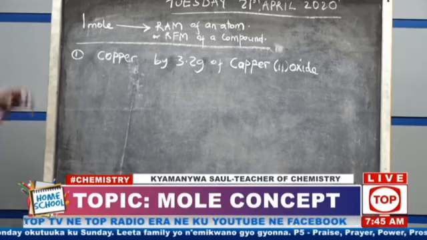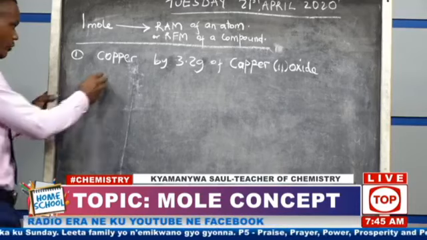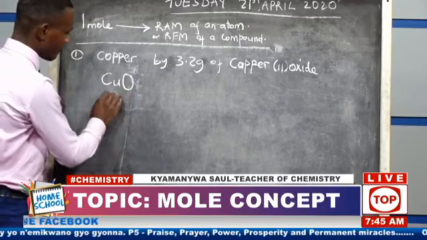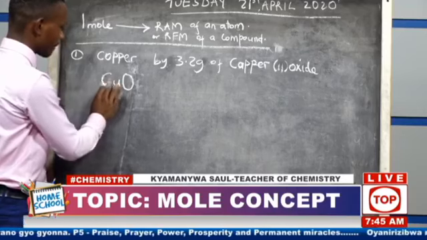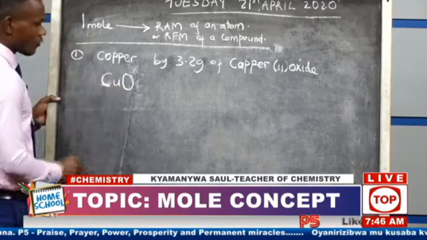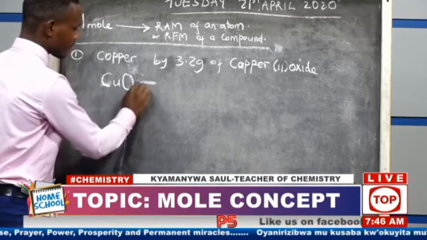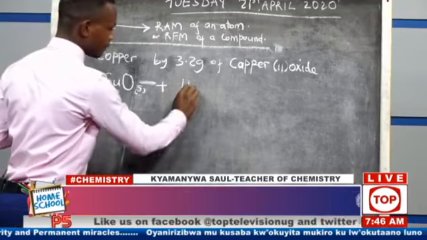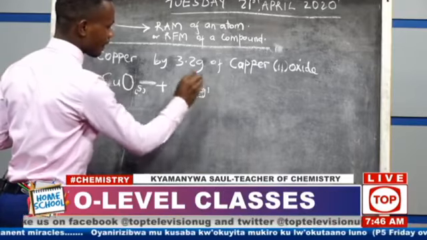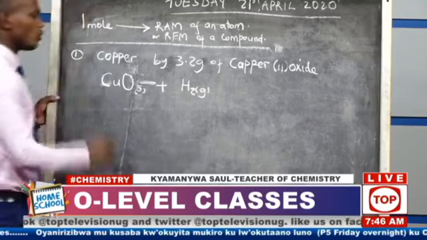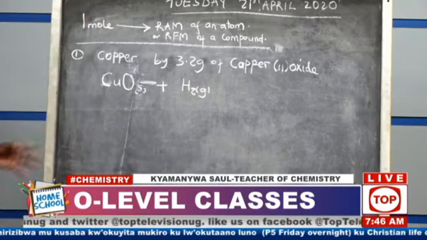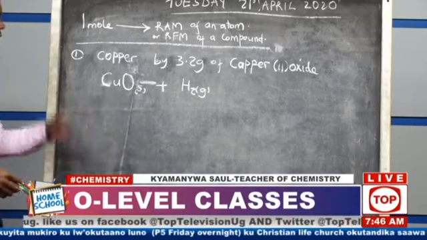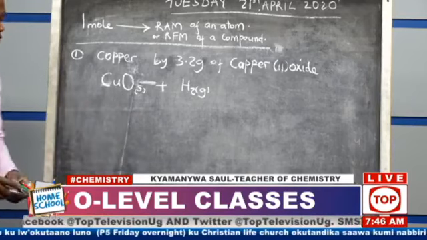That means we write the equation: copper 2 oxide is a solid, and it is reacting with hydrogen gas. I want us to look at the very first steps, then the rest of the things you can do. Copper 2 oxide is being reduced by hydrogen gas.